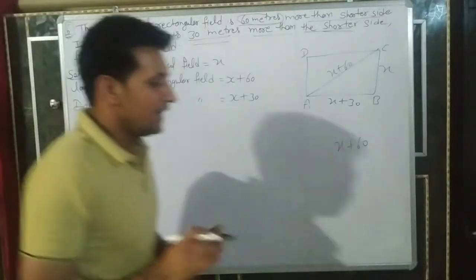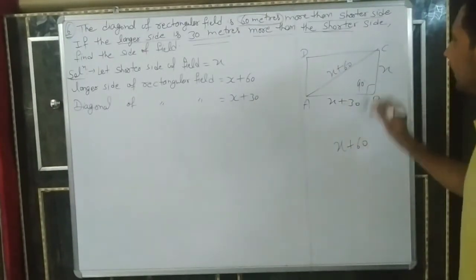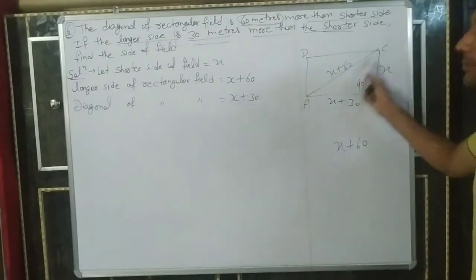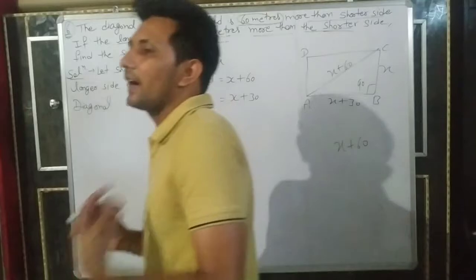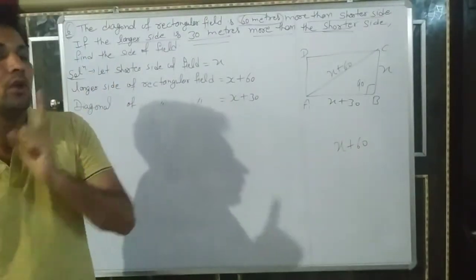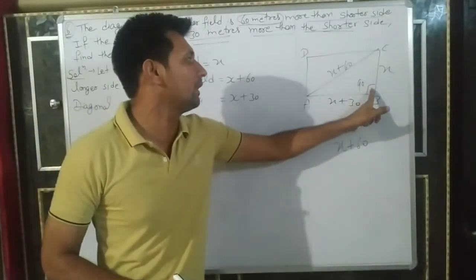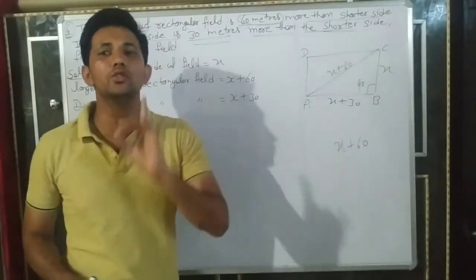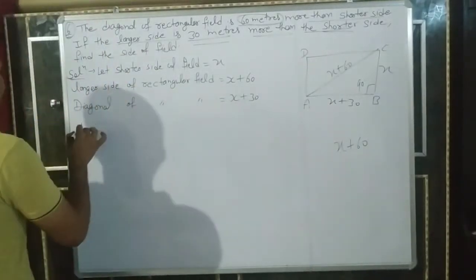Now what will we do? Everyone knows in a rectangle each angle is 90 degrees. So triangle ABC becomes a right angle triangle, and if a right angle triangle is given, always what will we use? I have already told you many times, whenever in any question we observe 90 degrees, we will use the Pythagoras theorem.